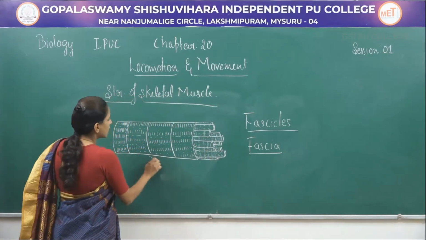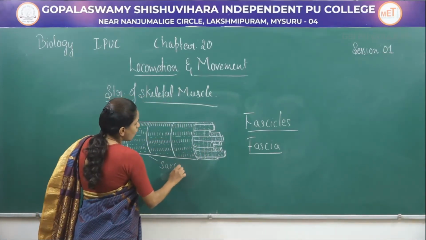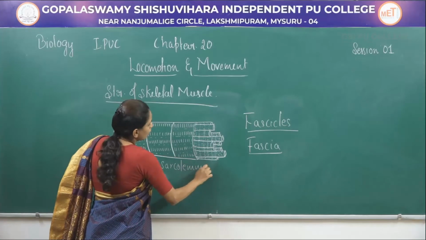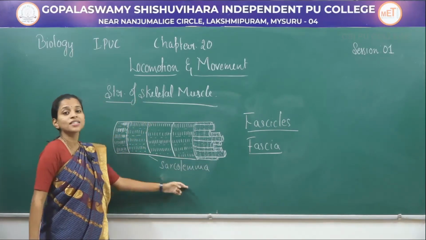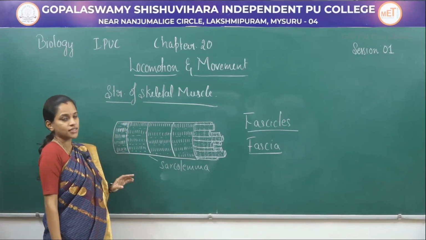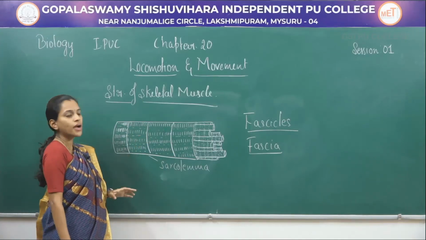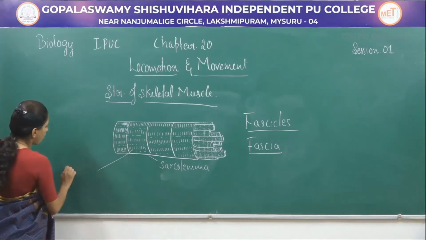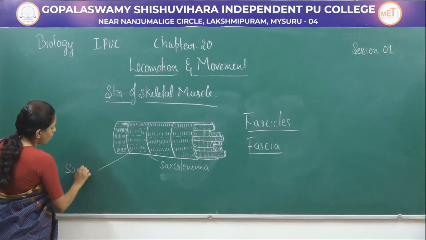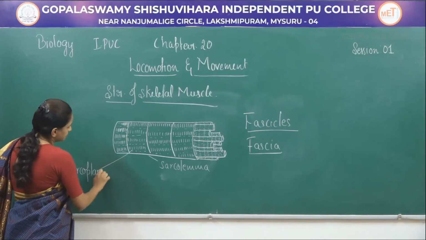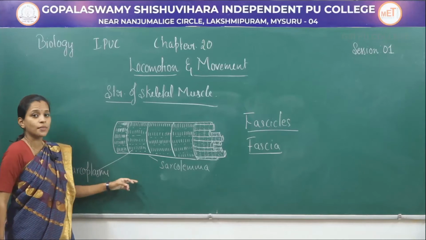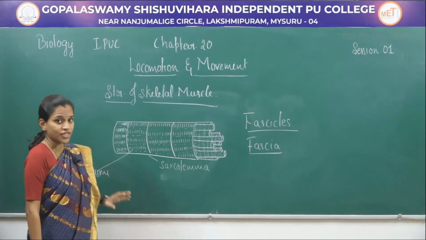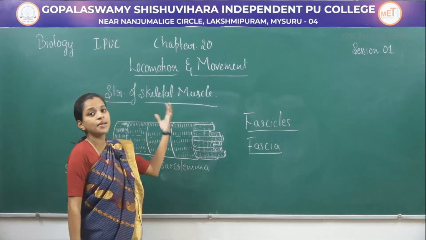This has an outer layer which we call sarcolemma, which forms the plasma membrane of the skeletal muscles. Within the sarcolemma, it contains the cytoplasmic component called sarcoplasm. This sarcolemma, which encloses sarcoplasm, contains multiple nuclei.